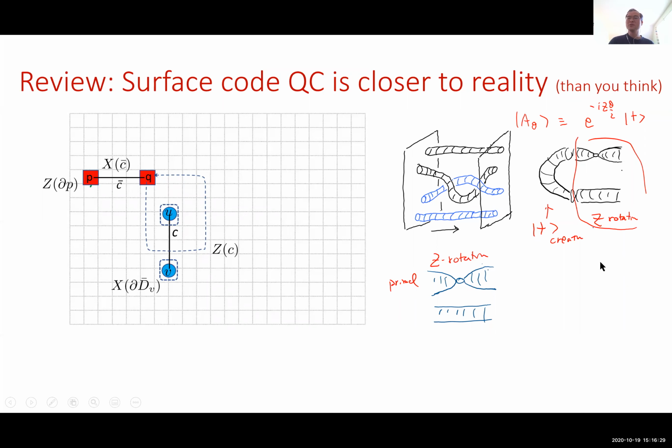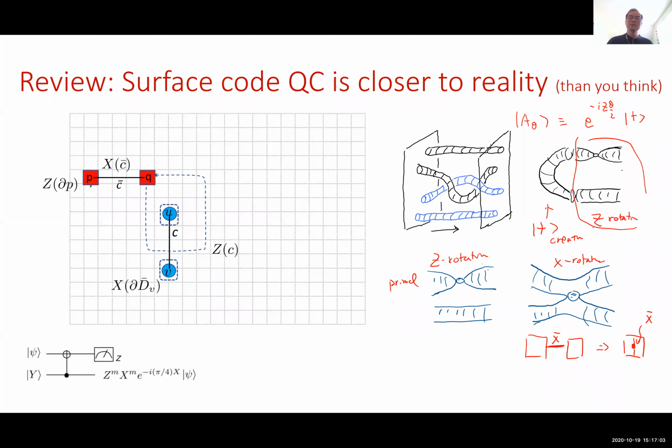So inject noisy phase state. This one is what rotation? This one is the X rotation. Because this is a logical X, we shrink that into really a single point, and we rotate directly on a single qubit.